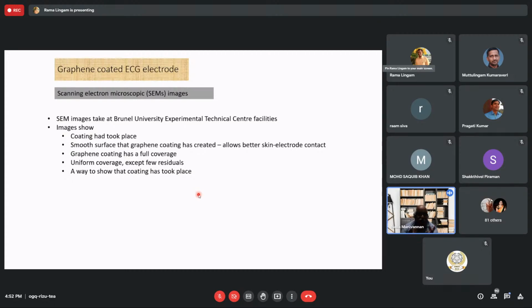So these images clearly show there's a coating there, and the coating is smoother. A smoother coating means you can create a better skin electrode contact. Graphene covers the area with uniform coverage, except for a few residuals. This SEM image is one way of showing the coating has taken place. Next slide, please.